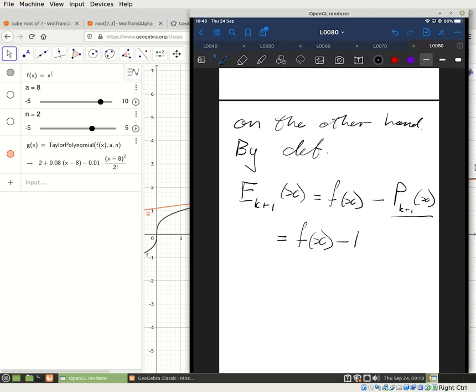So this is the same as pk of x minus, and what is now the utter last term of the k plus 1th polynomial? That is the k plus 1th derivative of f at a over k plus 1 factorial times (x minus a) to the power k plus 1.